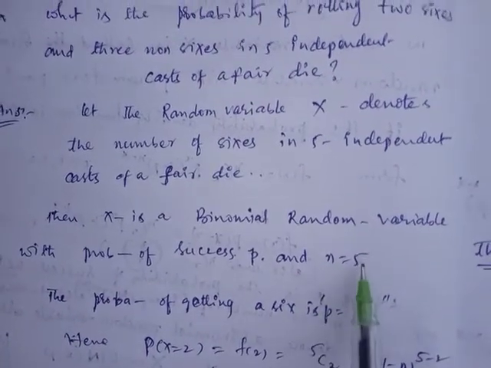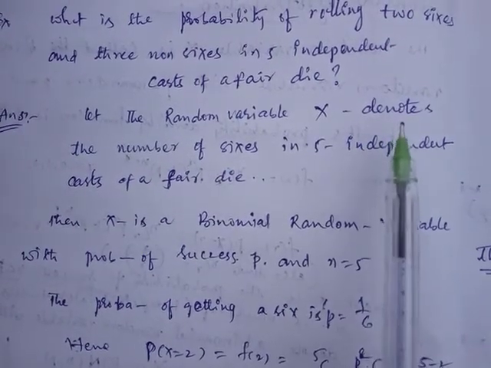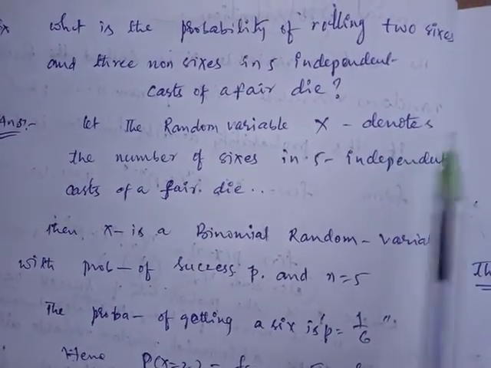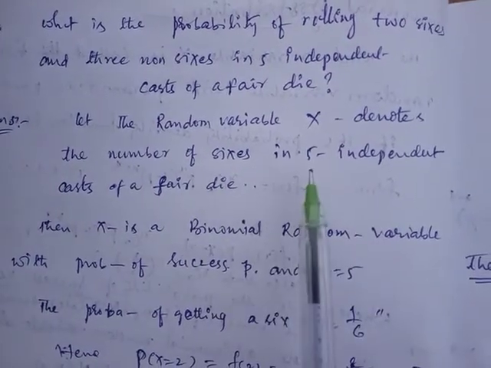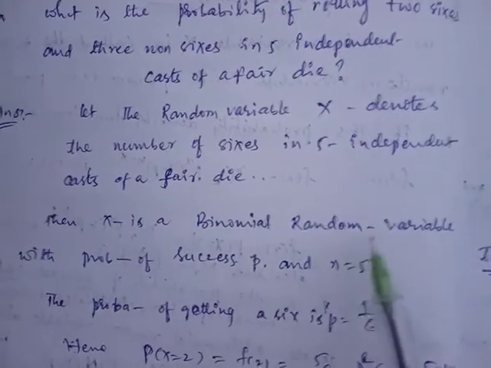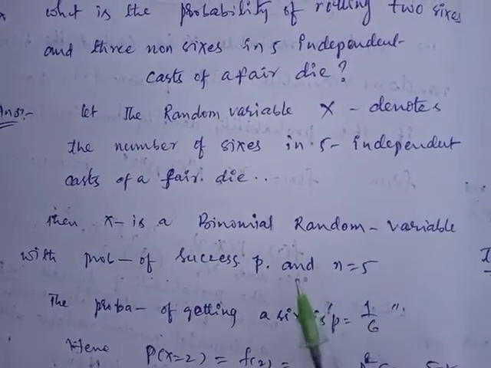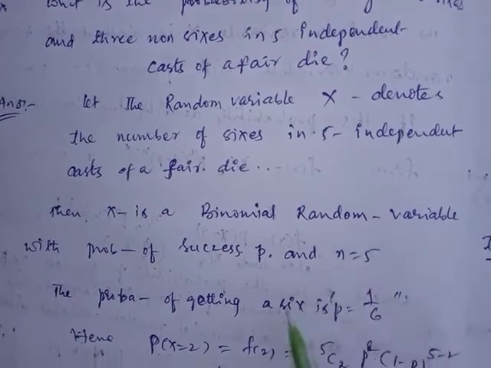Number of trials is equal to 5. Here x is a random variable. The number of successes in 5 independent casts of a pair of dice is a binomial random variable with probability of success p equal to 1 by 6 and n equal to 5.